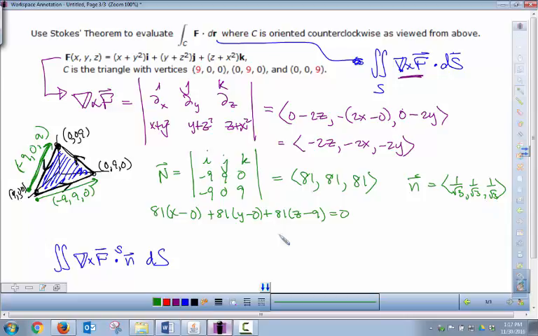So this is an equation. I can really just cancel out the 81s, right? Factor it out and cancel it. So what do I have left? I have x plus y plus z minus 9 is equal to 0.